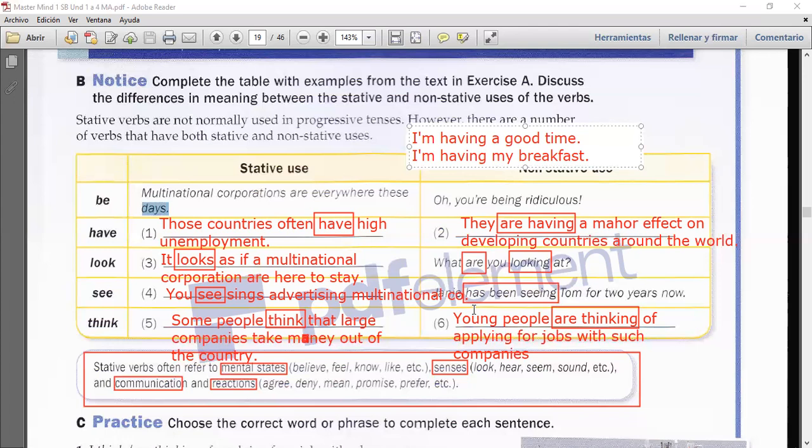We can say seeing. Paula is seeing because at that moment Paula is doing the action. Okay, that is why we said that stative verbs can change into action verbs. Another example: think, for example.